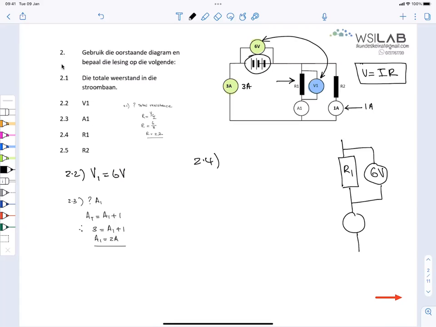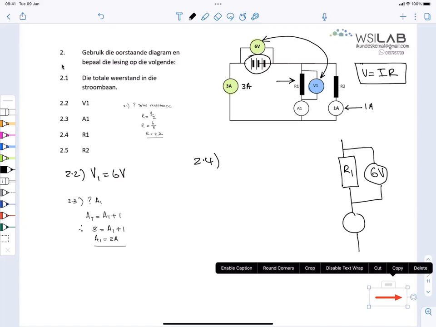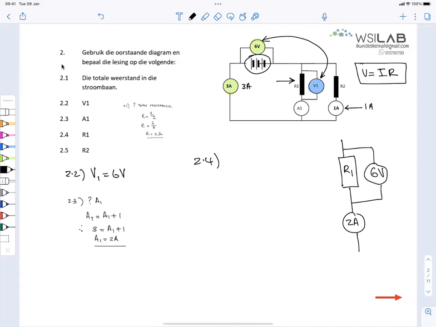That was what? 2 amps. Okay, so calculate the resistance of R1. R equals V divided by I. The potential difference lost there is 6. The current is 2. And the resistance is therefore 3 ohm.